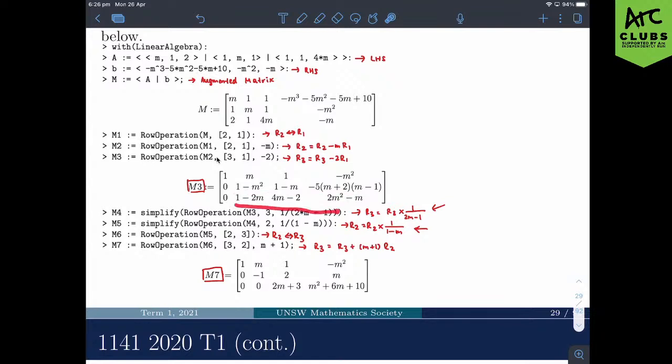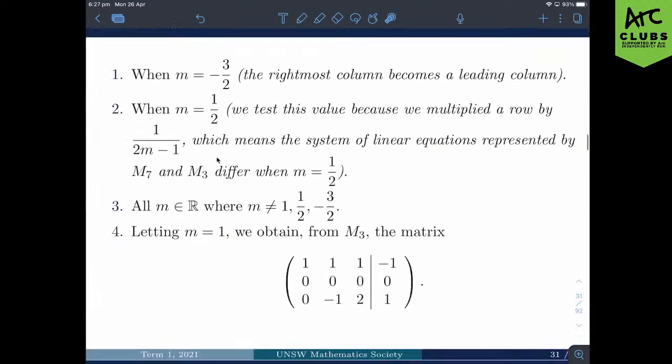And since this row becomes a row of zeros, and these are non-zero, this becomes a non-leading column. And there's no leading column on the right because this entry is also 0. So when M is equal to 1 on 2, we have infinitely many solutions as well.